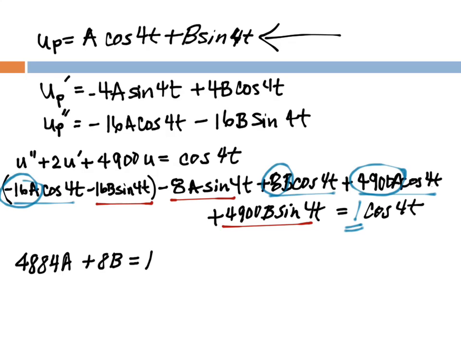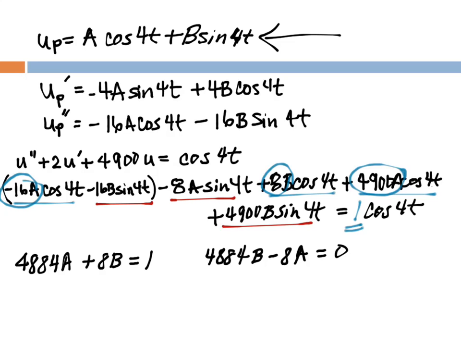So some of them combine. Which one? The B's combine. I have 4,900B minus 16B. That sounds like a number I've already dealt with. 4,884B minus 8A equals 0.